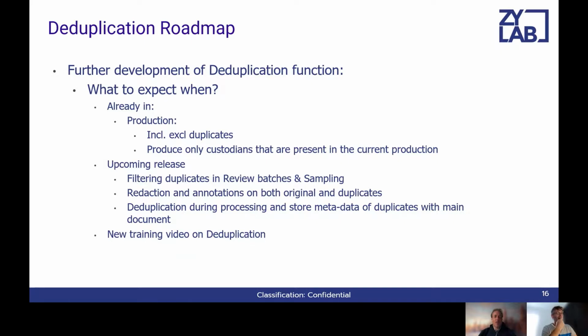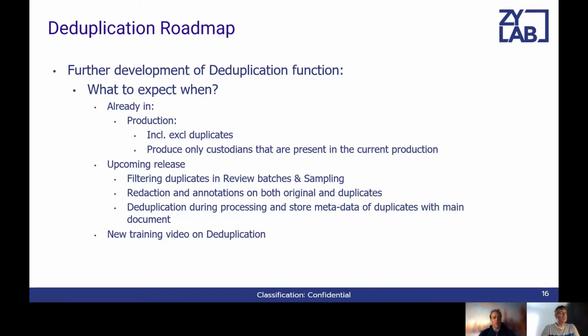So one of the things we recently added is indeed also support for deduplication in production. So you can choose to filter out duplicates and only produce a single copy in your production. And then we also added an additional feature there to prevent data leakage.